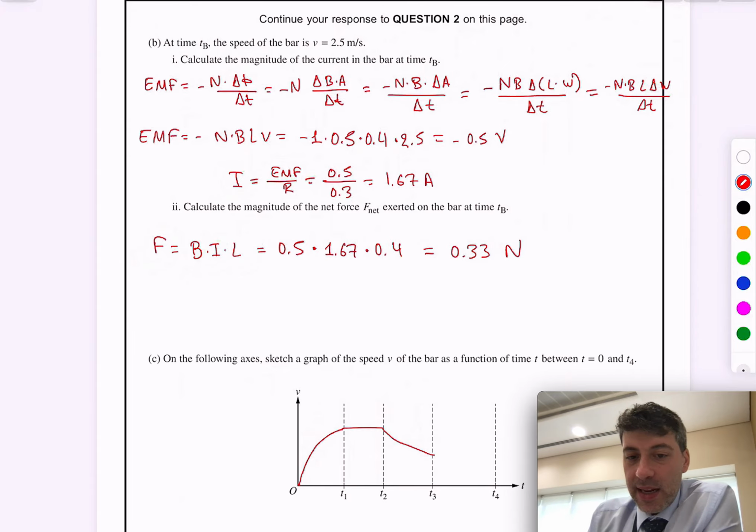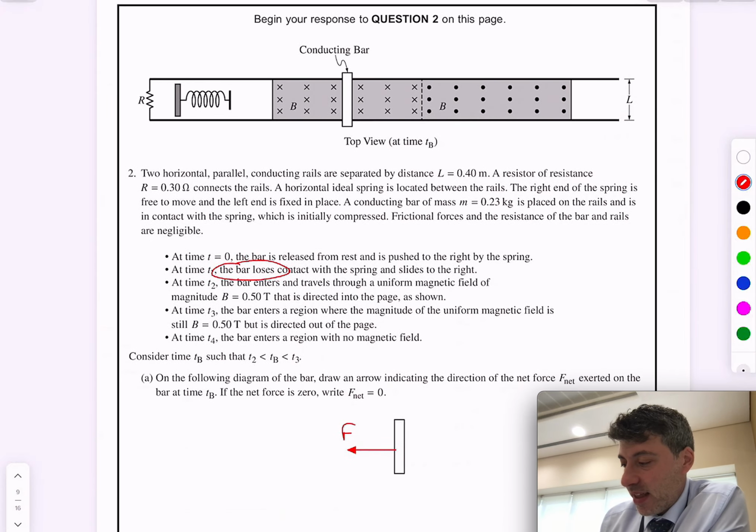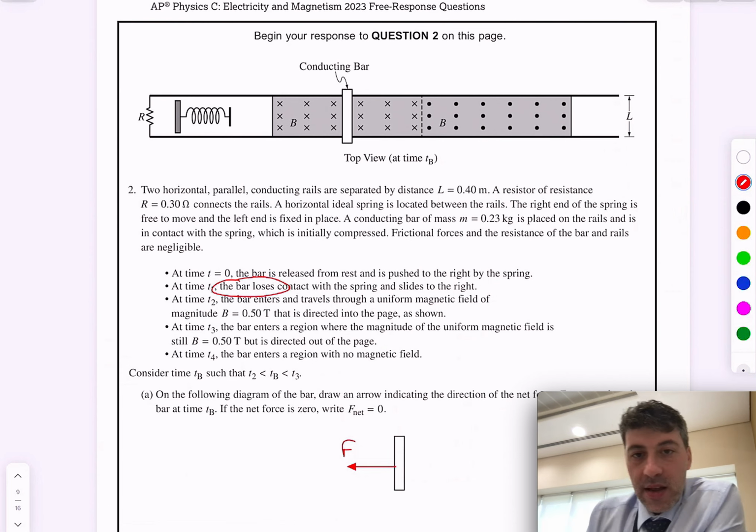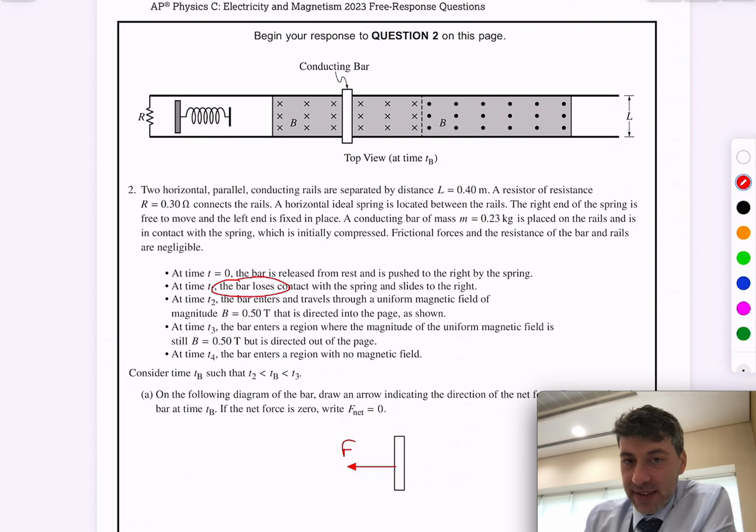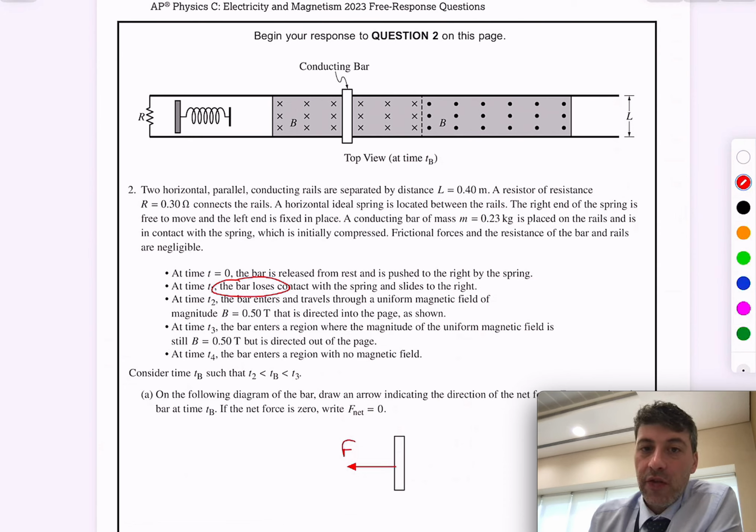Now, a little bit careful, when the bar enters the second magnetic field, what changes is the direction of the current. So a change of magnetic field and at the same time a change of the direction of the current keep the force in the same direction.